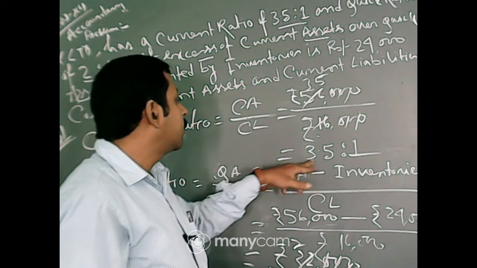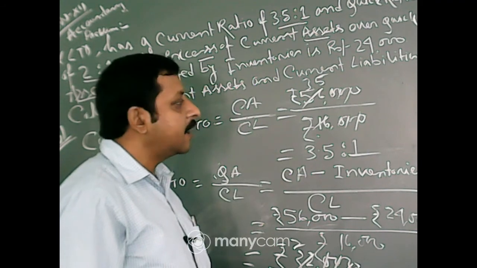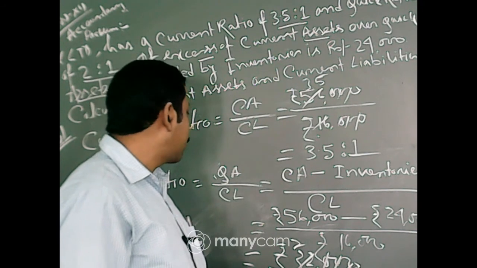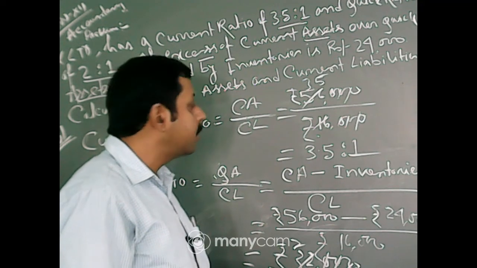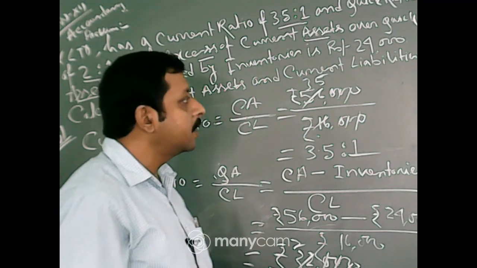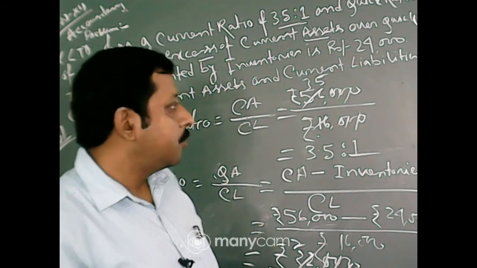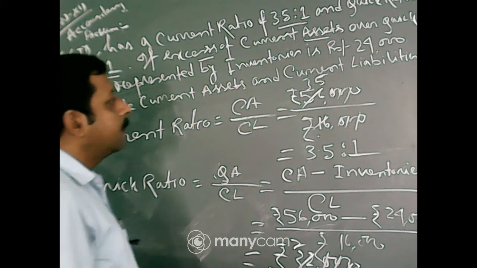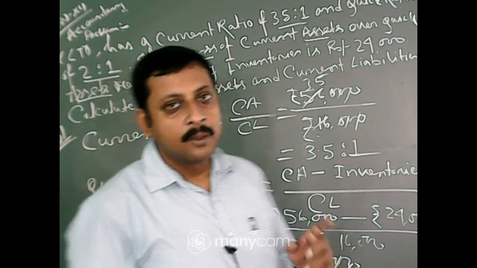So the ideal or standard ratio for the current ratio is 2:1, and for the quick ratio, or acid test ratio, or liquid ratio, it is not 2:1, it is 1:1. For 1 rupee of current liability, you should have 1 rupee of quick asset.